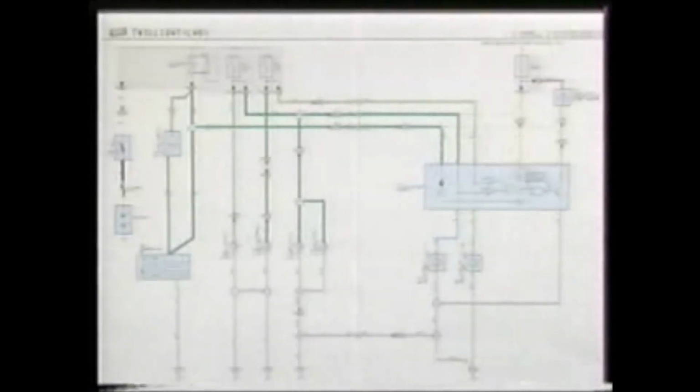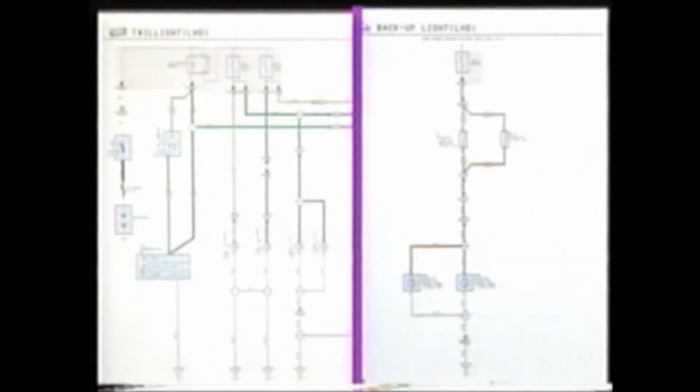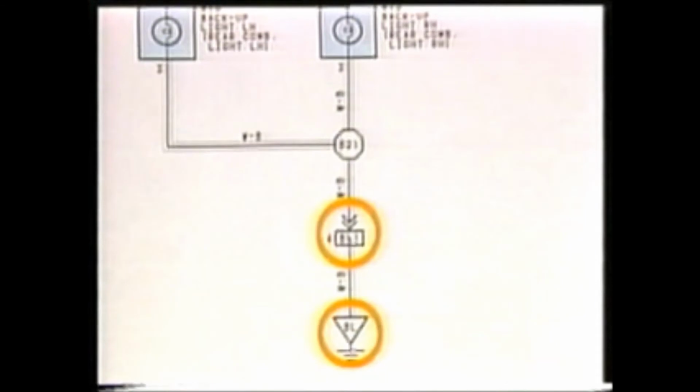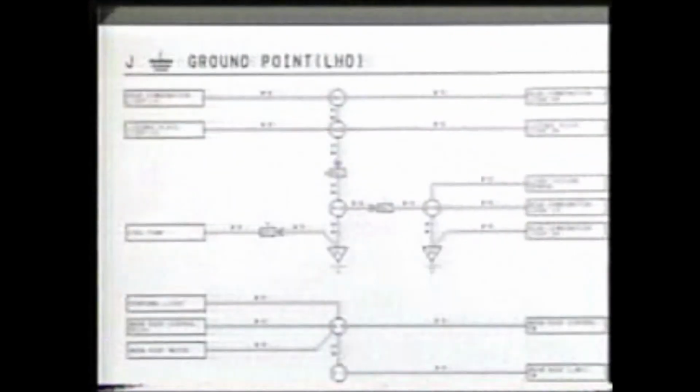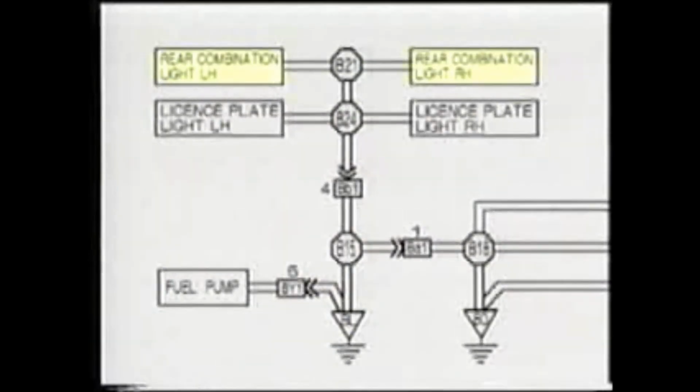First of all, we compare the circuits for the tail lights and the backup lights. They share grounding point BL and terminal number 4 of BB1 in common. Let's look now at the section on grounding points for more detailed information on the grounding circuits. The backup lights are included in these rear combination lights.